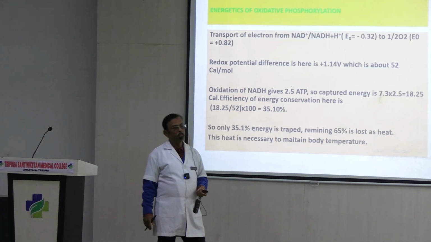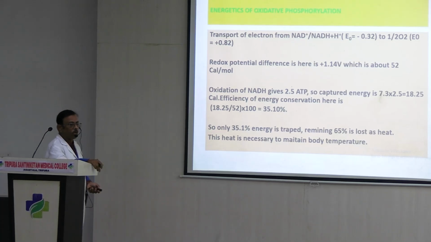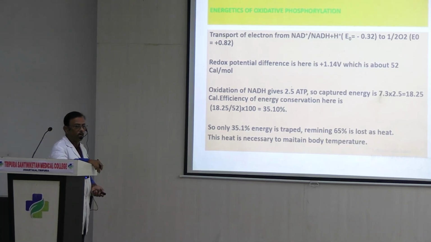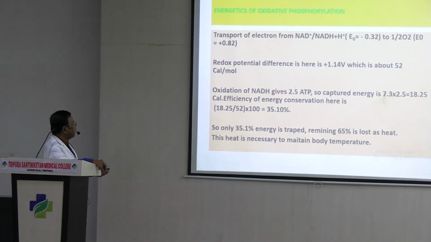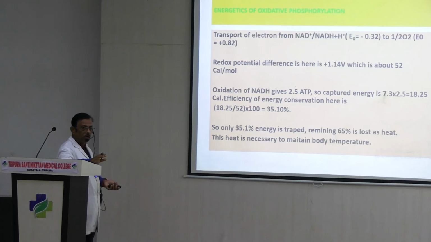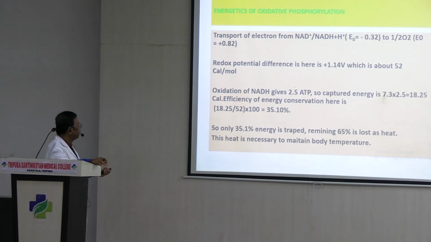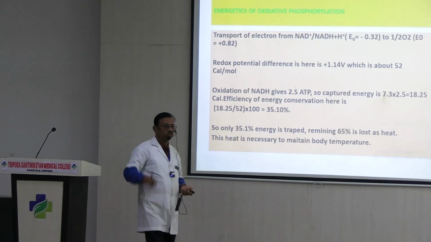Okay. Now to generate each ATP, we need 7.3 kilocalories. So to generate 2.5 ATP from NADH, we can capture 18.25 kilocalories. So conservation of energy is nothing but 35.1%.